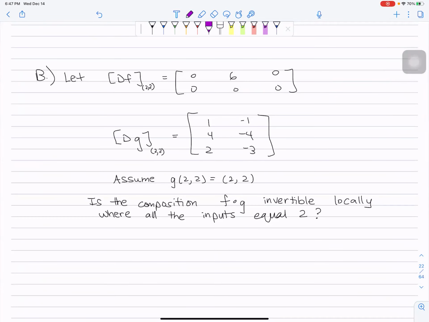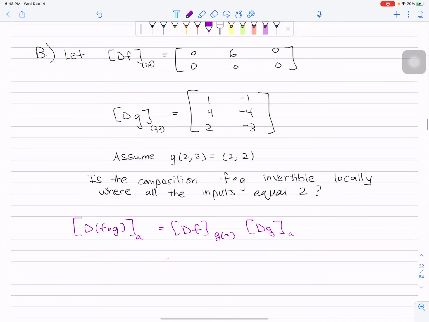So how do we know if a composition is invertible? We can take the derivative matrix and see if that matrix is invertible. So I want to find d of f of g at my point A. What did the chain rule say? Chain rule said I do df at g of A times dg at A.